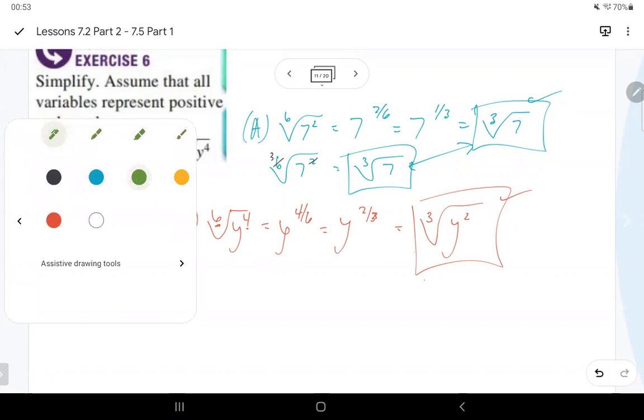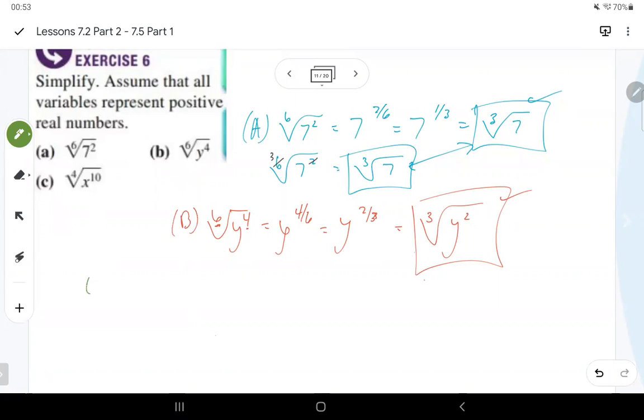All right, and then the last one is C. 4th root of x to the 10th, both can be divided by 2, so that would be the square root of x to the 5th. However, now we need to look at our grouping. So x squared times x, that gives us x to the 5th.